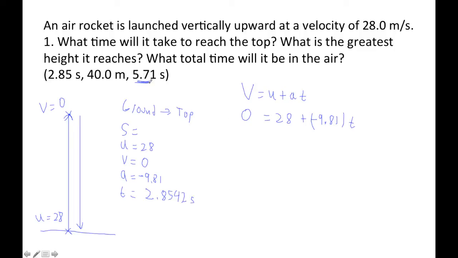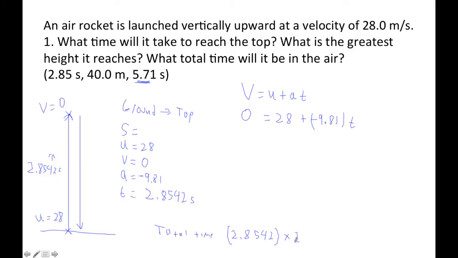Now, let's just skip ahead. The total time it's in the air is just twice that. It takes 2.8542 seconds up, and the same amount of time down. So the total time, we can just go 2.8542, or the answer on my calculator, times 2.